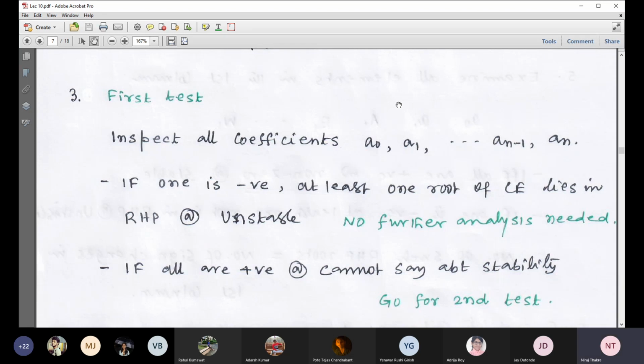If only one coefficient is negative, then at least one root of the characteristic equation lies in the right half plane. At least one. You remember this issue. I'll ask you this question again. Why at least one?